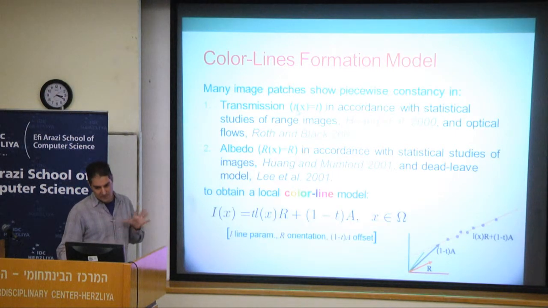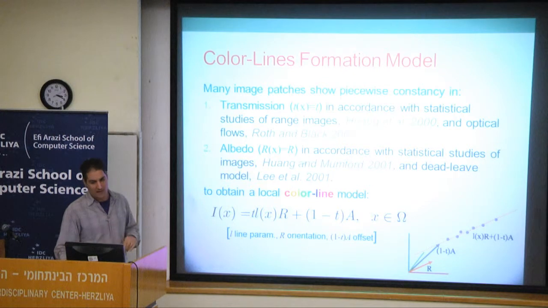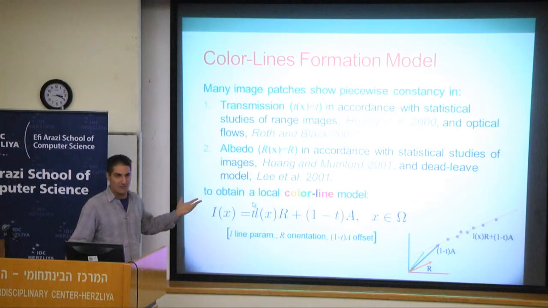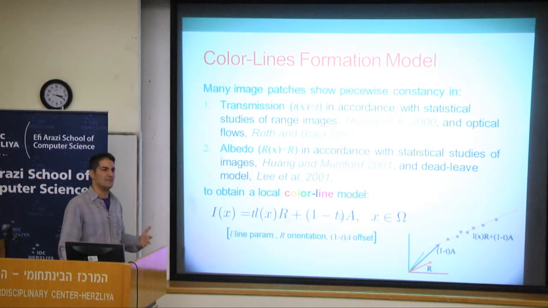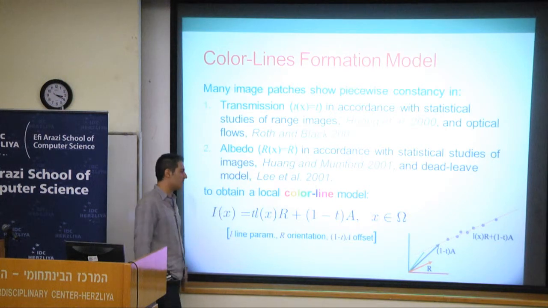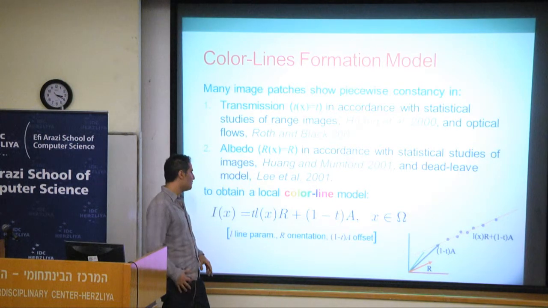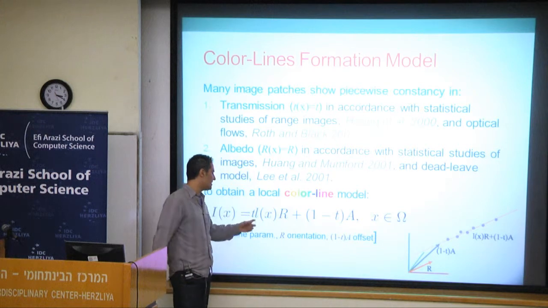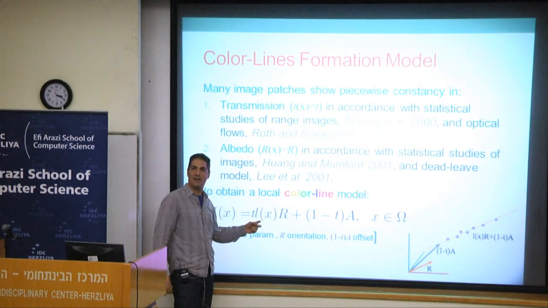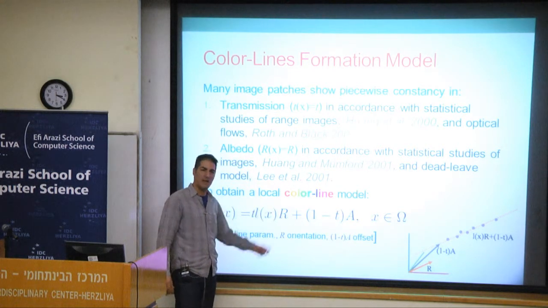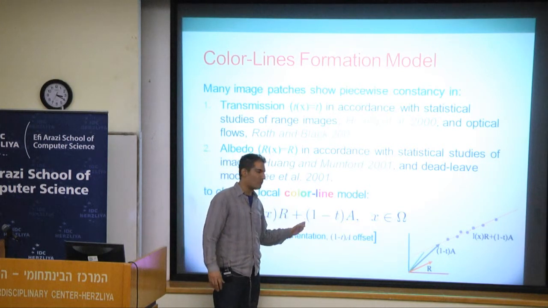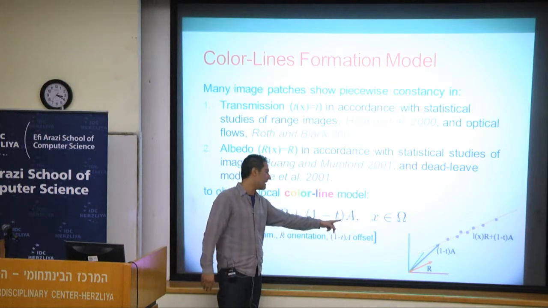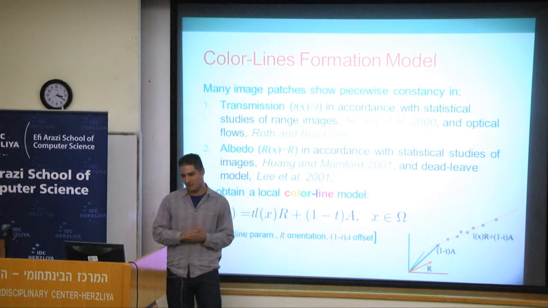Given these two assumptions, that T of x is T and R of x is R, we plug them into the image formation model and get a very simple explanation of small image patches. In the input image patch, some small neighborhood, what's basically changing is just the shading coefficient. So it's the shading that is multiplying the albedo vector, plus some offset vector in the direction of the atmospheric light, at the amount 1 minus the transmission.